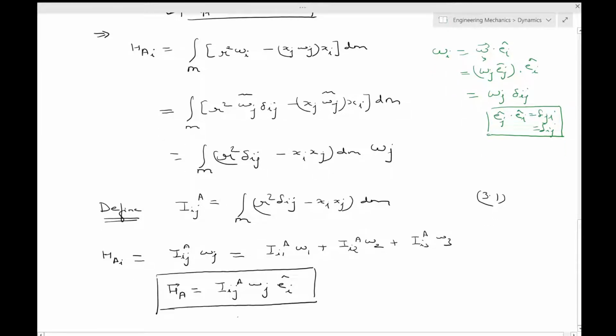Clearly over here you will have 9 terms in total because there is a repetition over i and j. So if you keep on expanding, first with respect to j, then with respect to i, you will get the overall vector HA.